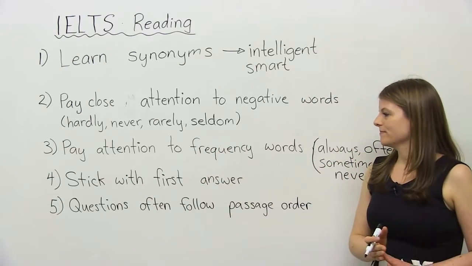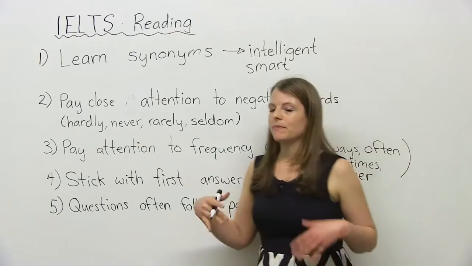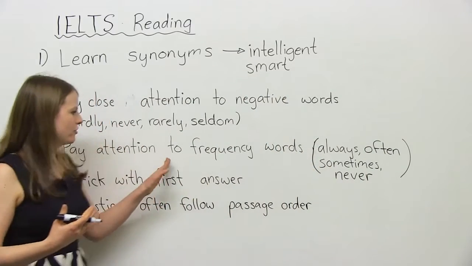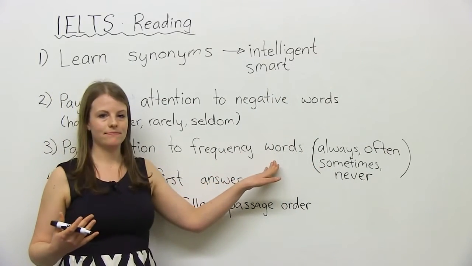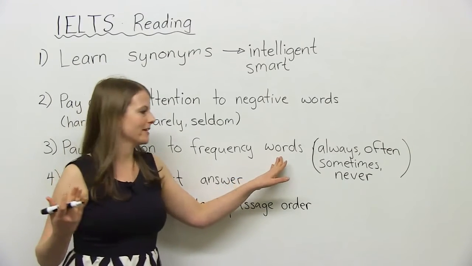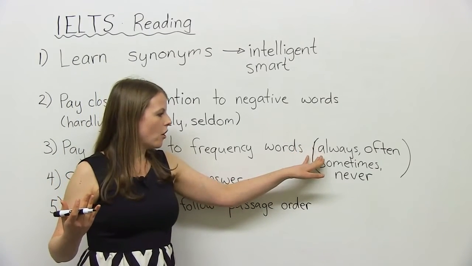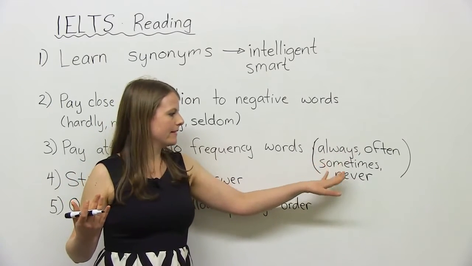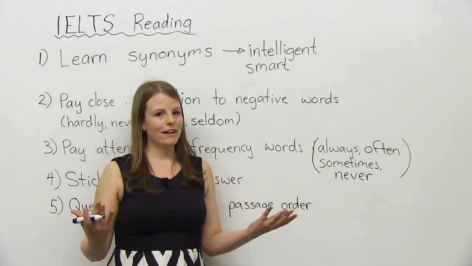Point number 3. Similar to point number 2, it's very important to pay attention to frequency words. Especially in the same part, in the true, false, not given. You might see always, often, sometimes, never. Why is this important?